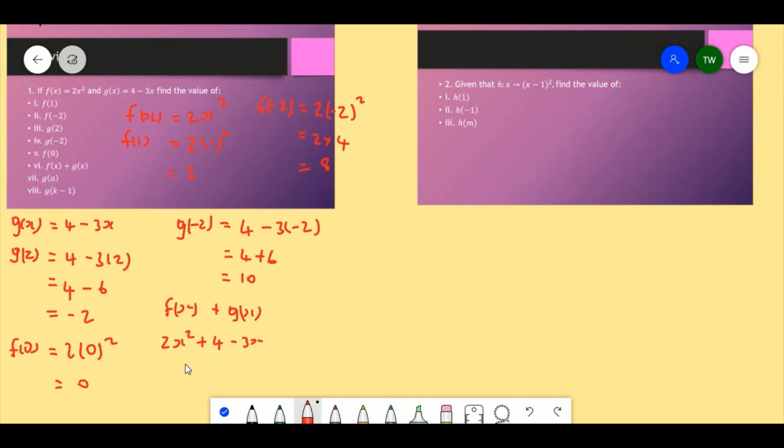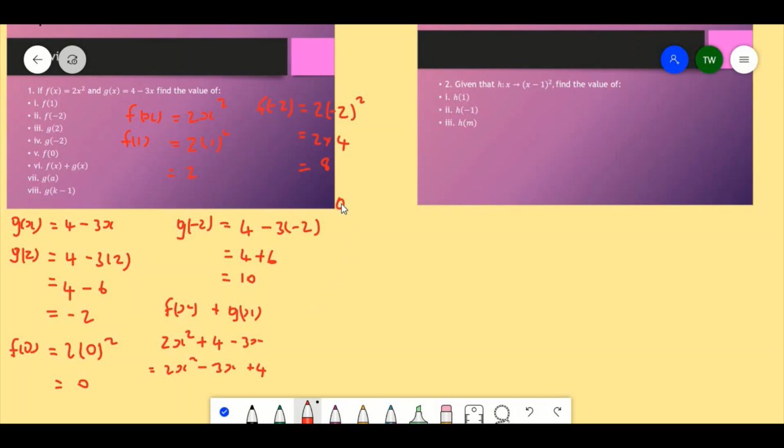If we rearrange this, this is just the same thing as saying 2x squared minus 3x plus 4. And you're finished there.